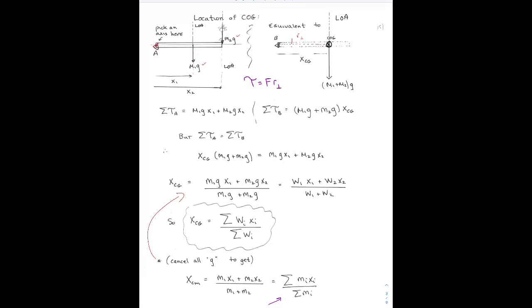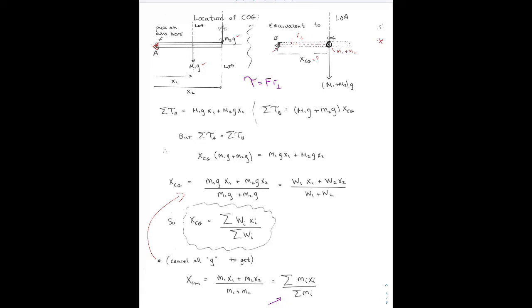I'm going to call the end of the stick here axis A. On the right side, I know that the plank and the person are equivalent to one mass, m1 plus m2, located at some point which I'm trying to find, called the center of gravity. I'm trying to find the x location of the center of gravity, and I called this axis B to distinguish it from the left picture.